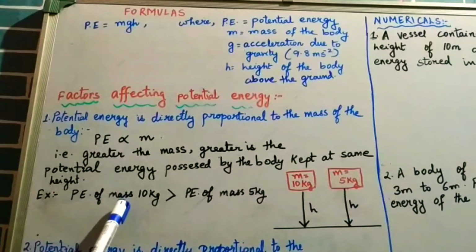The potential energy of mass 10 kg will be greater than the potential energy possessed by the mass of 5 kg. So potential energy, if the height is same, changes with the mass. More the mass, more will be the potential energy possessed by that body.